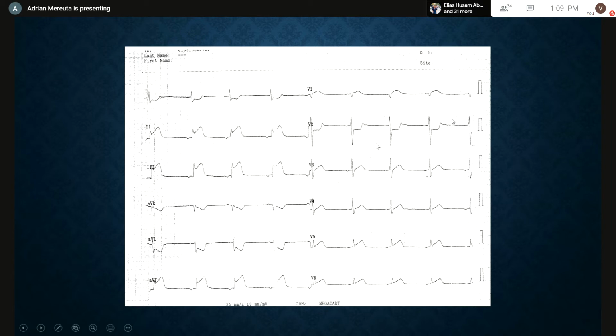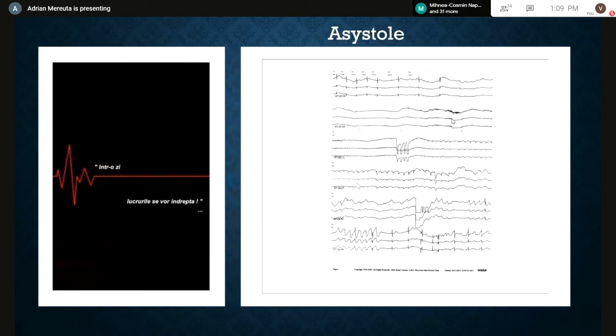And this ST depression is not mirroring the ST elevation, but instead means a posterior MI. In this case, we're talking about inferolateral, posterior MI, and right ventricular MI. Doesn't matter. This is the cause, and this is the bradycardia, atrial bradycardia in this case.